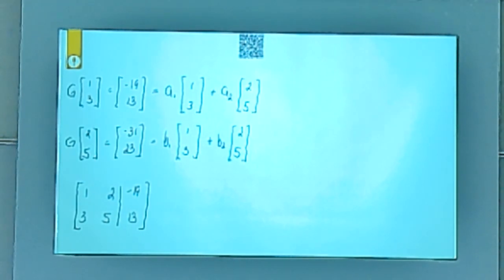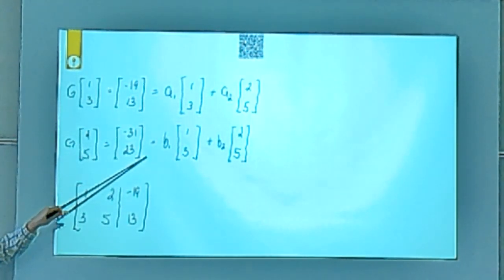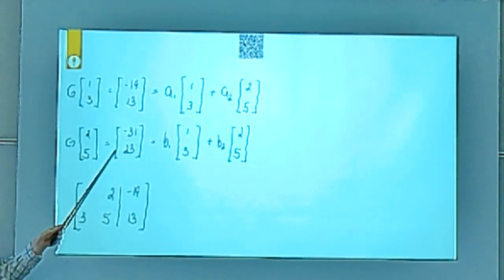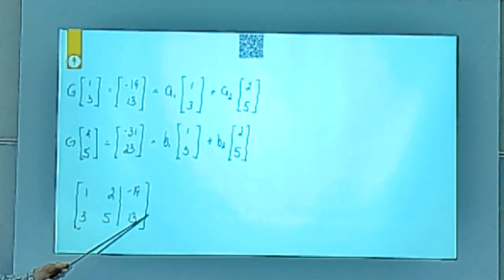But wait a minute. Solving this one, the coefficient matrix is the same, isn't it? You're just augmenting it with a different vector. Well, what do you think would happen if I just added another augment onto here?